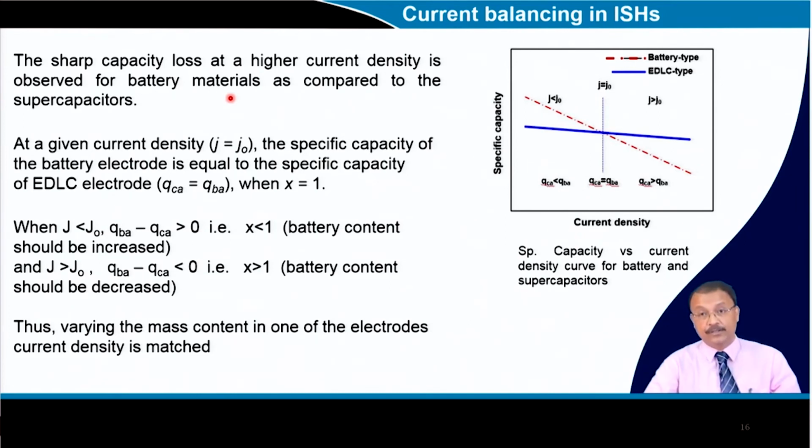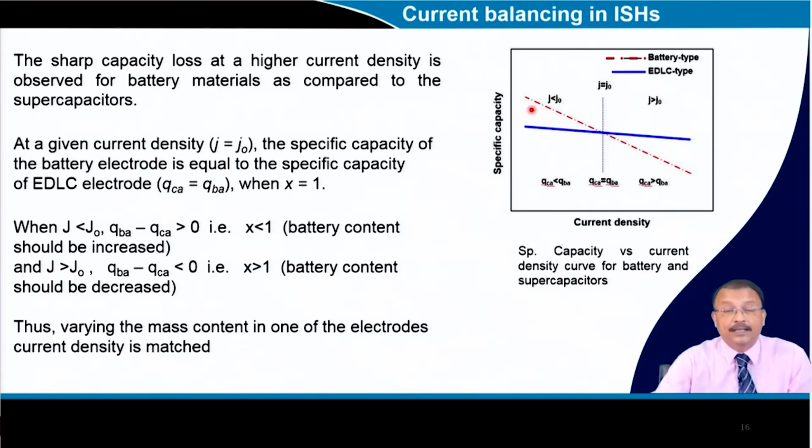In capacitor material, you can drain a lot of current. So, if you have a given current density, the specific capacity of the battery electrode is equal to the specific capacity of the EDLC type negative electrode. That is when x equals 1 from the earlier equation.